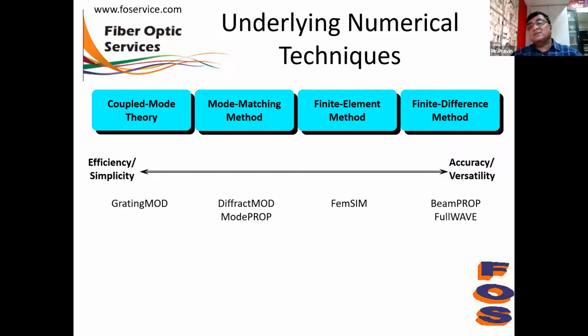Bulk in the sense in the photonics terms, not the realistic terms. So these are the different methods and techniques which we'll see in the next slides of the presentation.